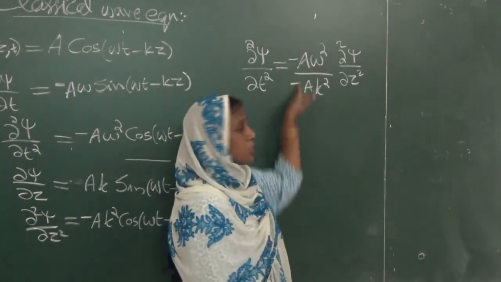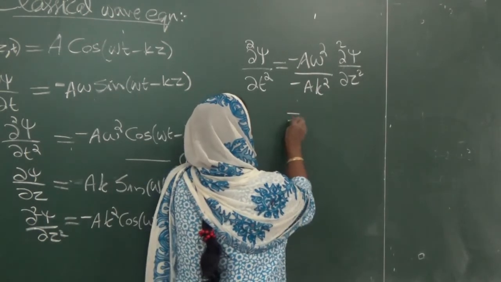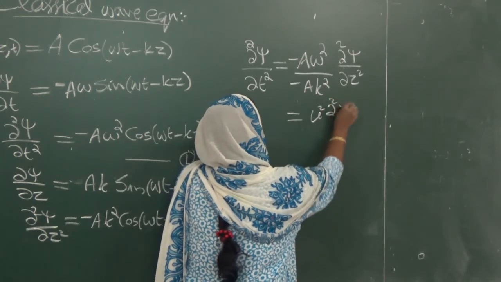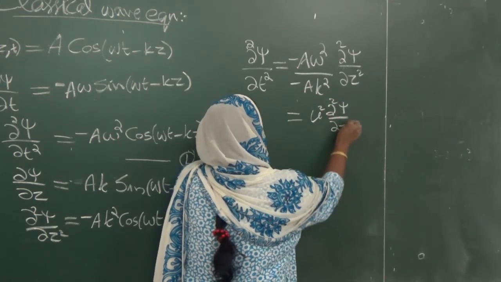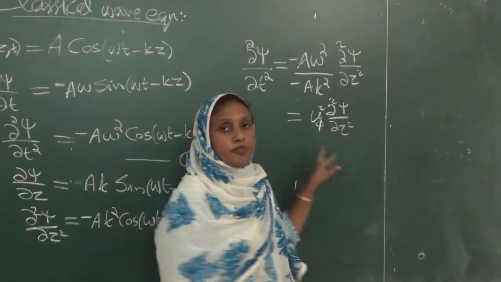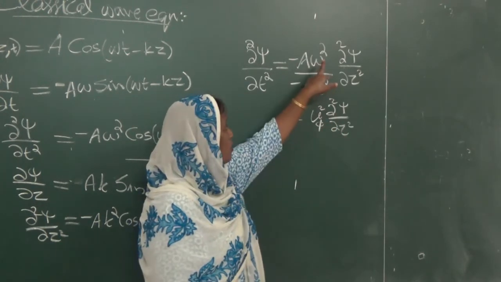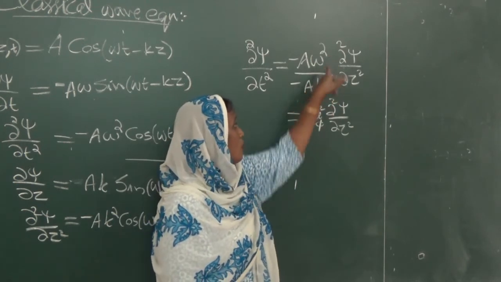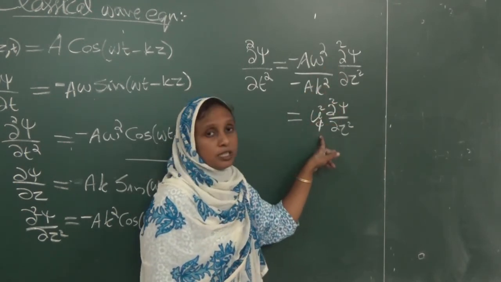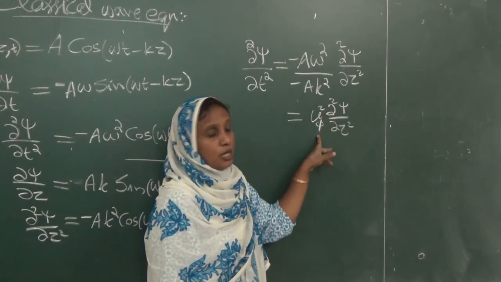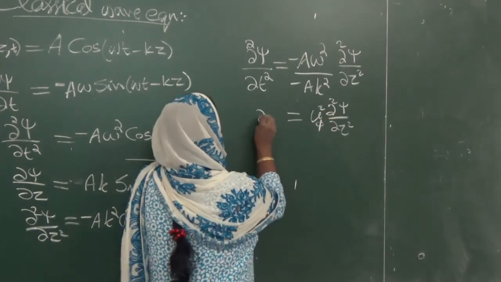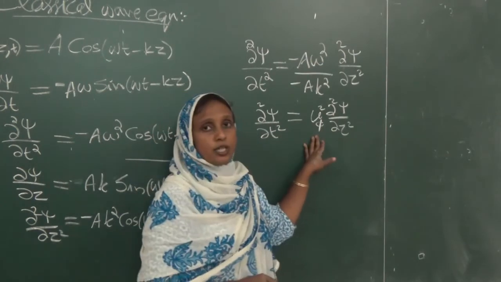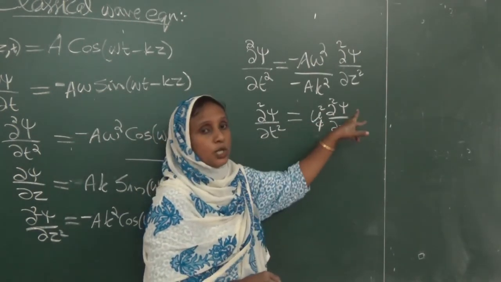These terms cancel out and you get v phi square dou square psi by dou z square. From where does this v phi come? Because omega by k represents phase velocity, so omega square by k square represents phase velocity square, v phi square. So you get the equation dou square psi by dou t square equal to v phi square dou square psi by dou z square.